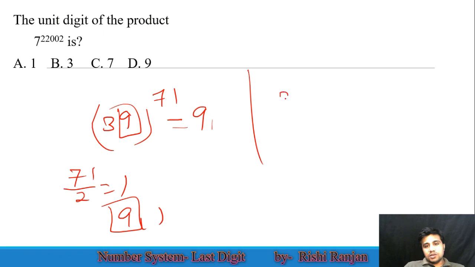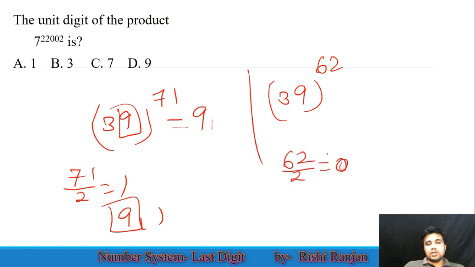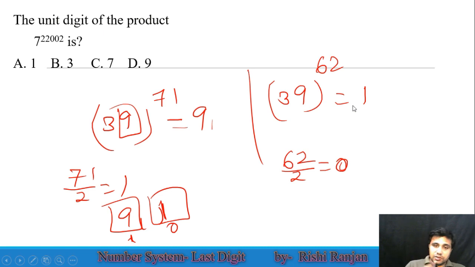But what if it was 39 whole power 62? In that case, 62 divided by the cyclicity, the remainder is 0. 0 means second one. Second one is 1. Okay. So here the answer is 1. Now just remember this, okay. This is applicable only for 4 and 9.